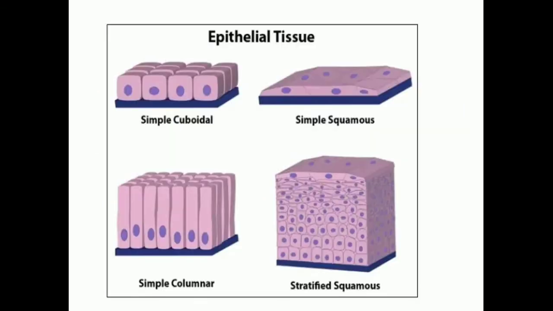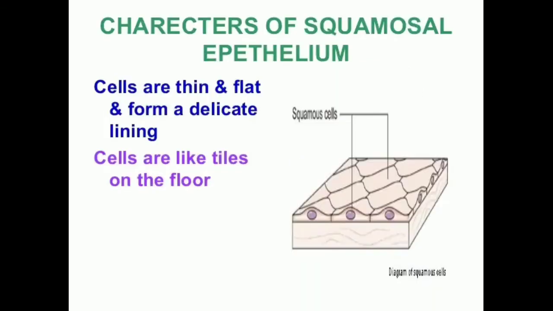Now let's look at different types of epithelial tissue. Epithelial tissues are of different types based on the functions, and the structures are also different based on the functions. The first type is squamous epithelial tissue. Squamous epithelial tissue consists of a layer of thin flat cells.